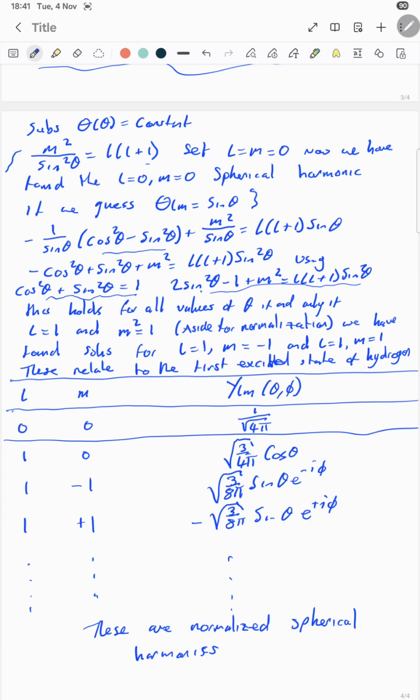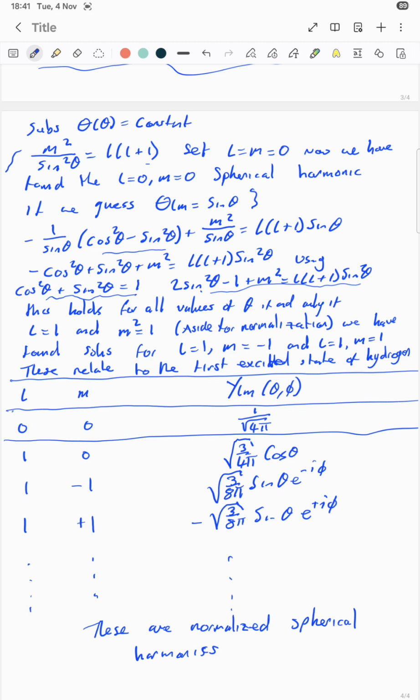And this holds for all values of theta if and only if L equals 1 and m squared equals 1. Aside from normalization, we have found solutions for L equals 1, m equals minus 1, and L equals 1, m equals 1. And these relate to the first excited state of hydrogen.